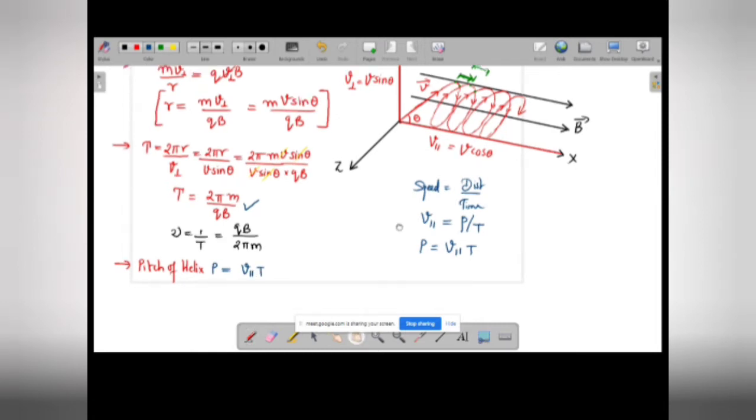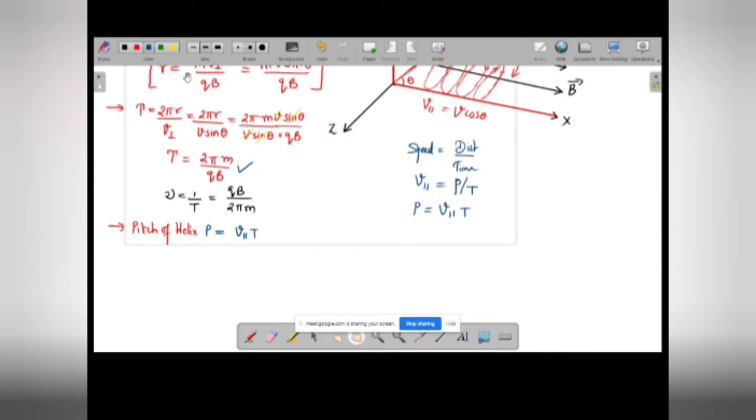Now we know v parallel is equal to v cos theta, and the time period we have just got as 2 pi m upon qB. The qB upon 2 pi m was for the frequency. So let's substitute v parallel as v cos theta and T as 2 pi m upon qB.